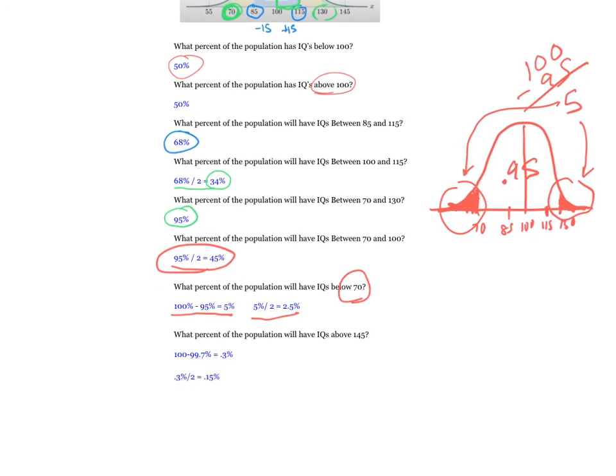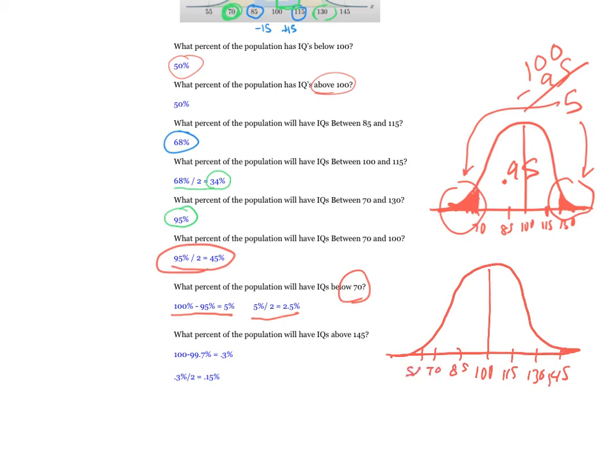And then here's another question. What percent of the population will have IQs above 145? Let me draw this one quickly. So here's 100, 115, 130, 145. So 145 is 3 standard deviations away from the mean. And if we went 3 standard deviations this way, it'd be 85, 70, 55. So we know that in between those two red areas is supposed to be 99.7% of the data.